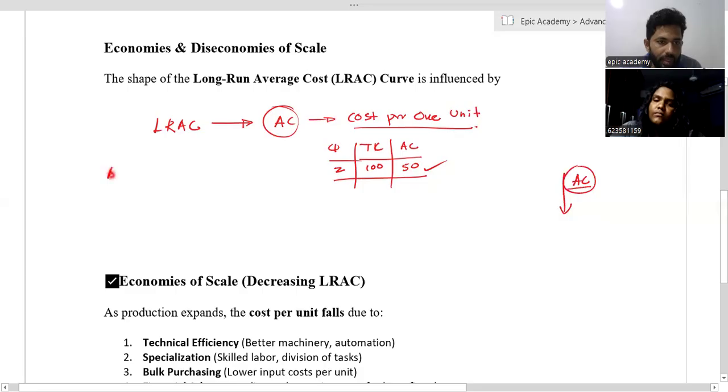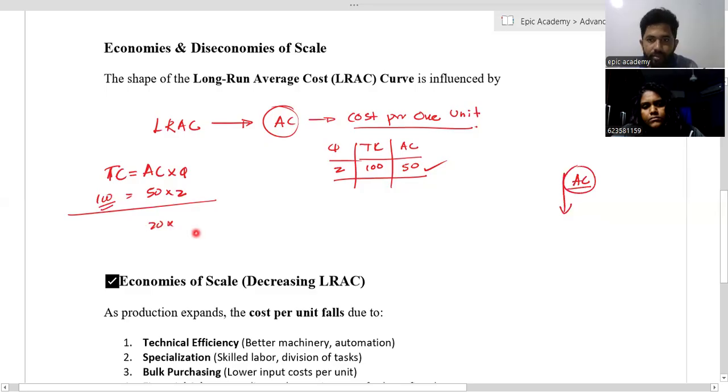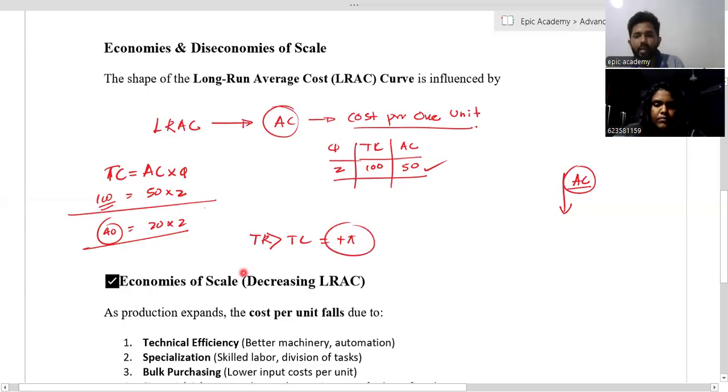Because TC can be calculated as AC multiplied by Q. 50 is the AC, production quantity is just 2, so the total cost must be 100. If you can reduce the average cost to 20, with the same production quantity, then what will happen to the TC? 40. TC is reduced, it's just 40 rupees. So if TC is reduced, you can earn more profit. That's the secret behind this.